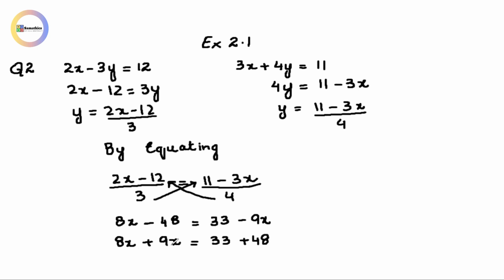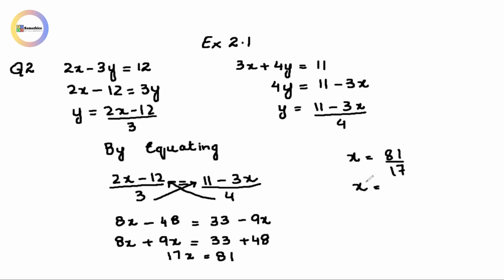Now this will become 17x, and 33 plus 48 is 81, and x is equal to 81 upon 17, right?